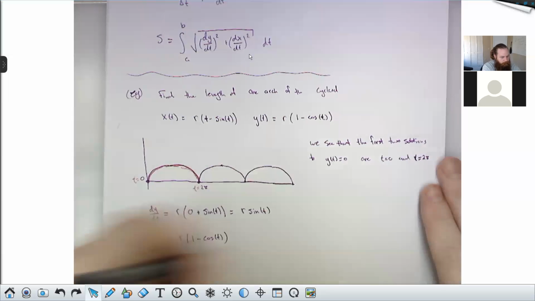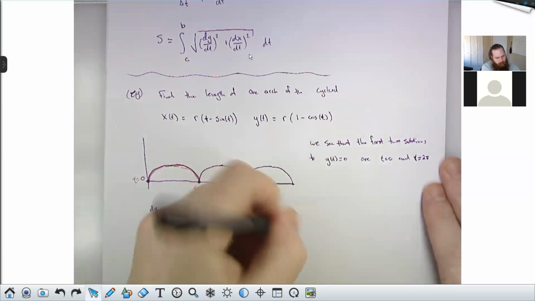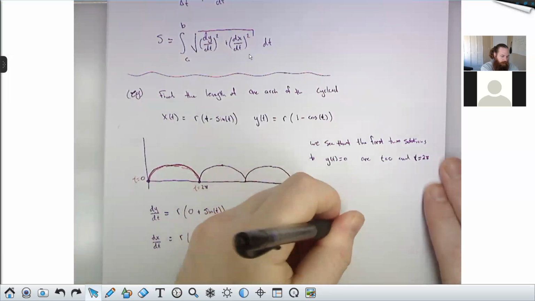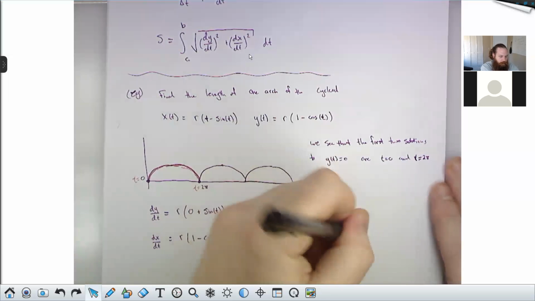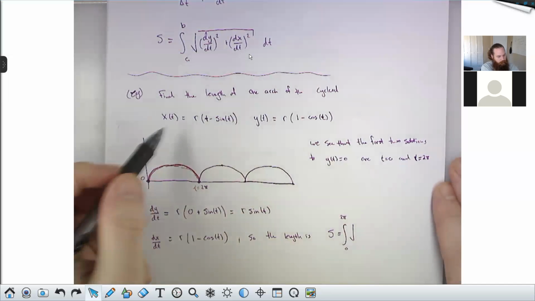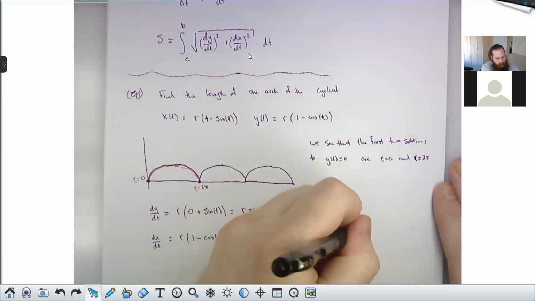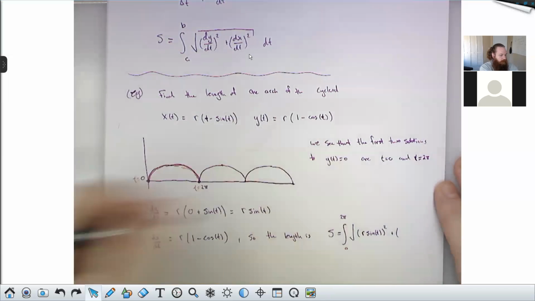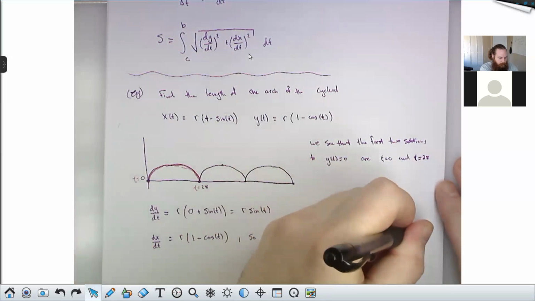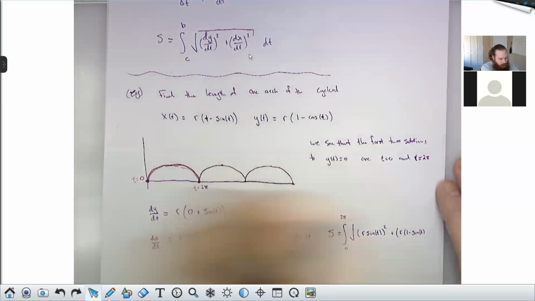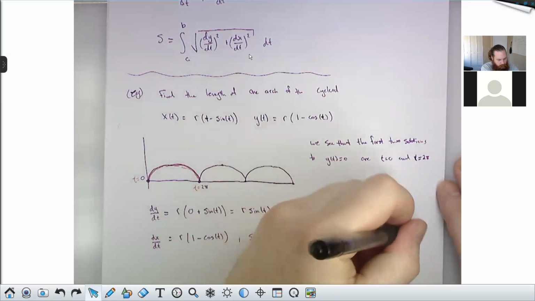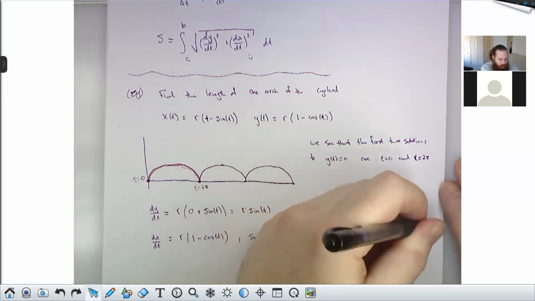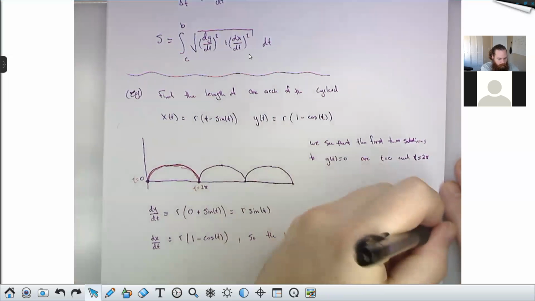So the arc length is s equals integral from 0 to 2 pi, the square root of dy dt squared, which is r sine t all squared, plus dx dt squared, which is r times 1 minus cos t, squared, dt.